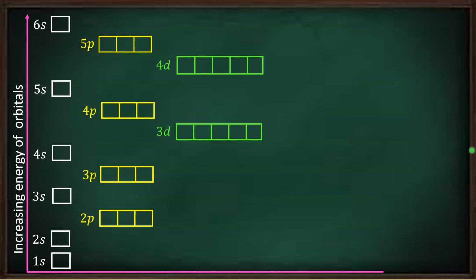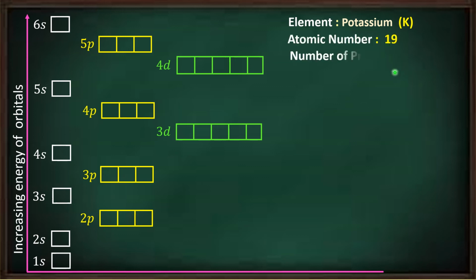The next element in the periodic table is potassium. Its symbol is K. The Latin name of potassium is Kalium. So its symbol was derived from its Latin name Kalium. So atomic number of potassium is 19.